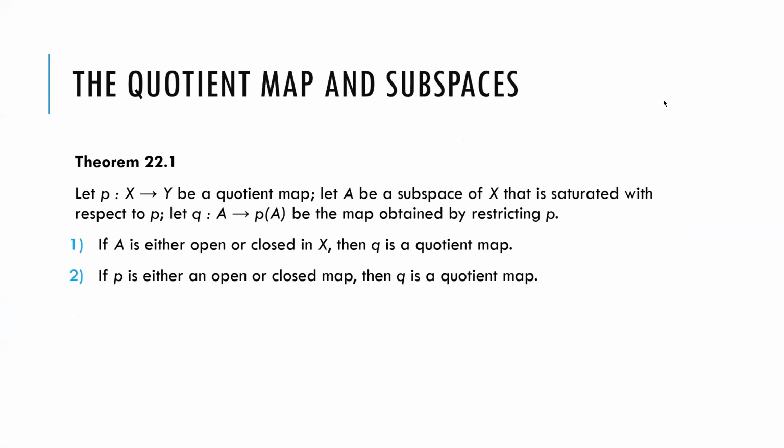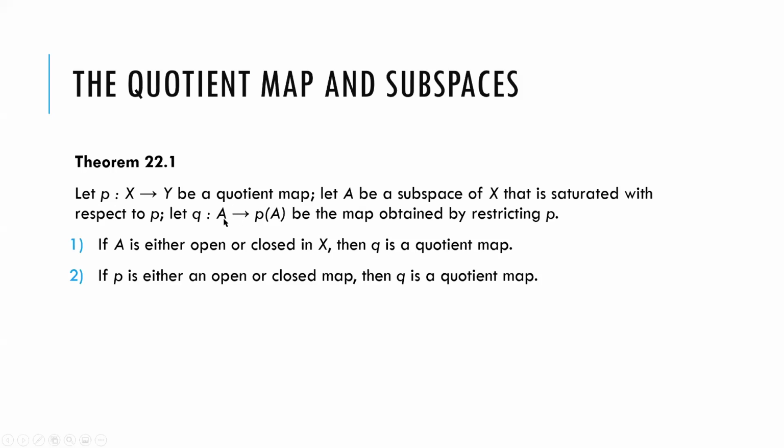Okay, so today we'll go over some properties of the quotient map and the quotient space. For one thing, if we have a quotient map P mapping X to Y, and A is a subspace of X, the map which we get, Q, is not necessarily a quotient map as well.